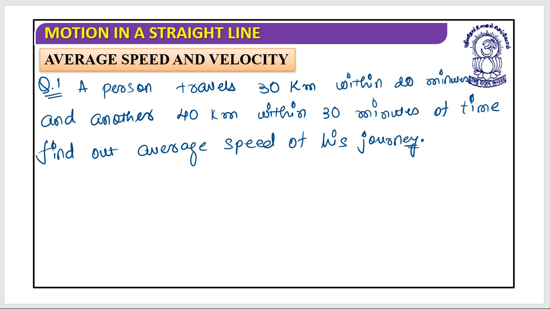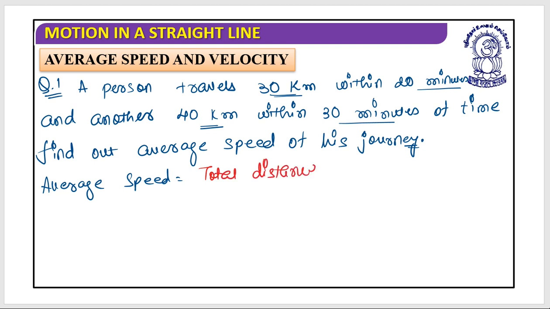Now look at the data. A person travels 30 kilometer within 20 minutes and another 40 kilometer within the next 30 minutes of time. We need to find out the average speed of his journey. Now what is average speed? It is total distance divided by total time taken.